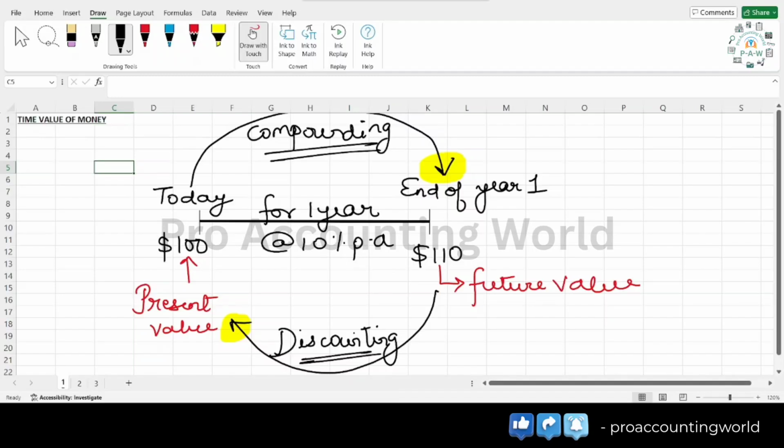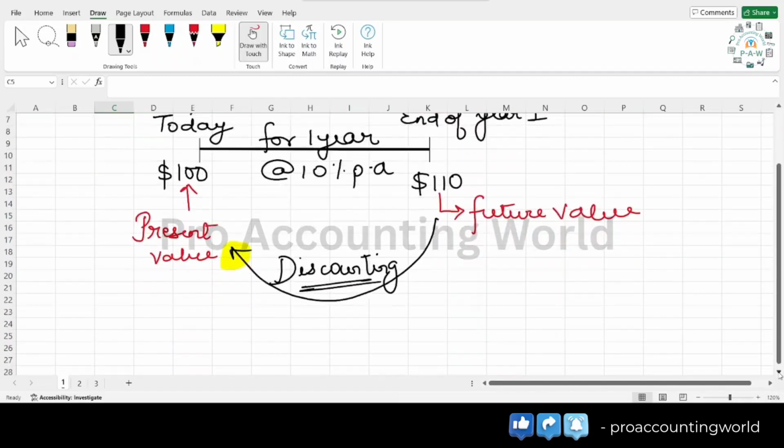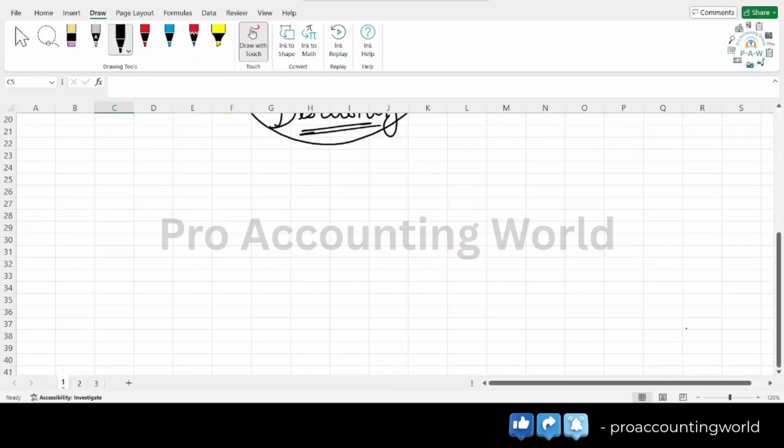So how is present value calculated? Let us discuss that. Recall your school days, 9th, 10th standard.